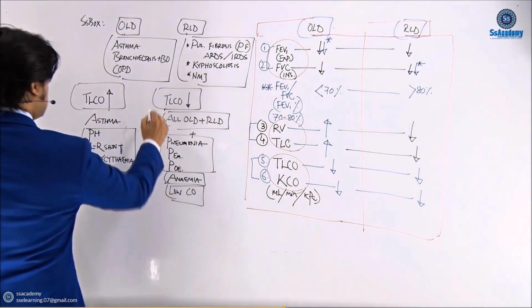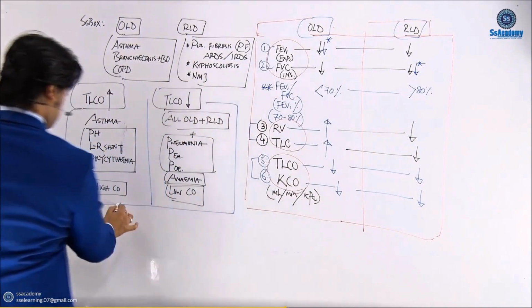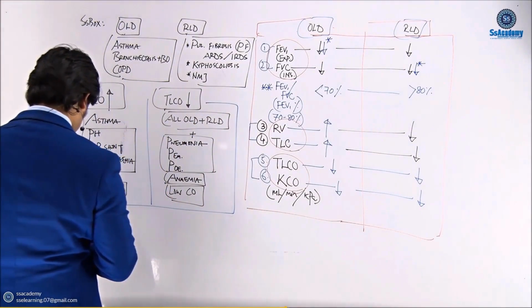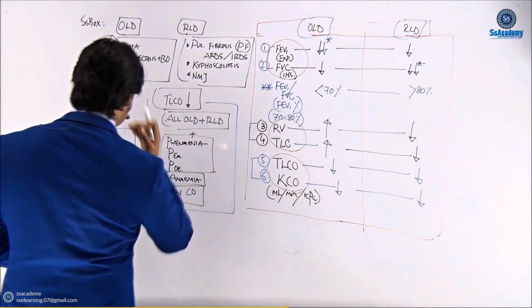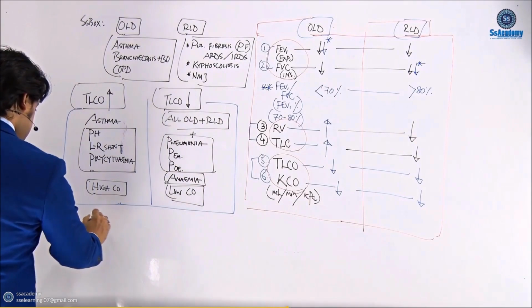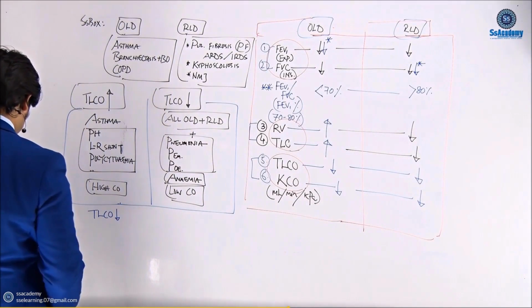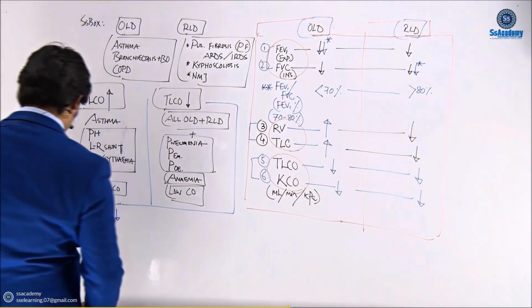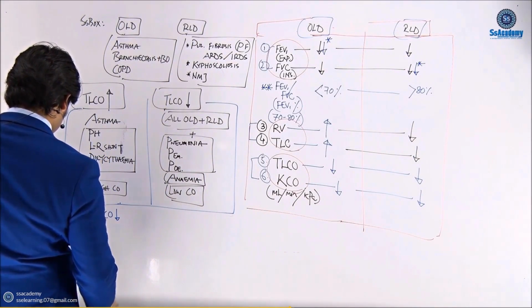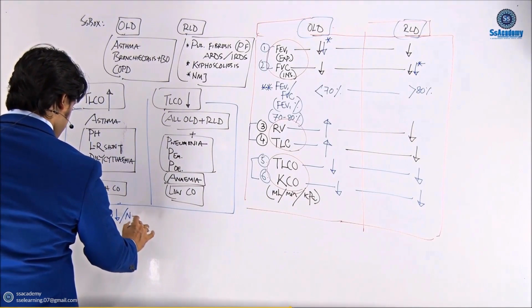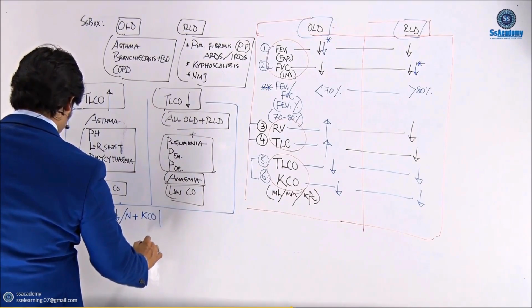And second box, I'm writing that we need basically, sometimes we are getting TLCO reduced or normal, but KCO sometimes rather increased.